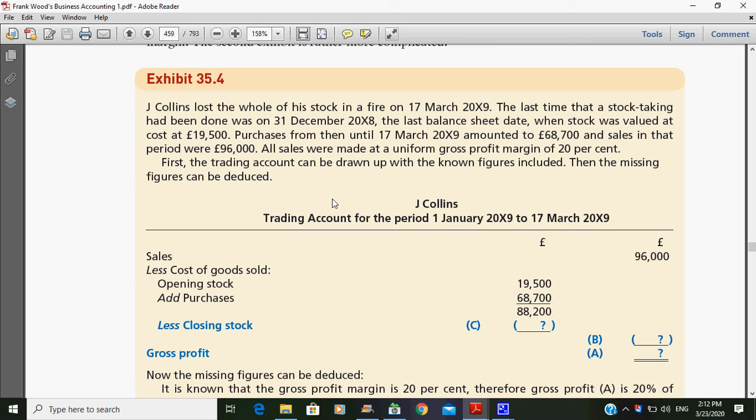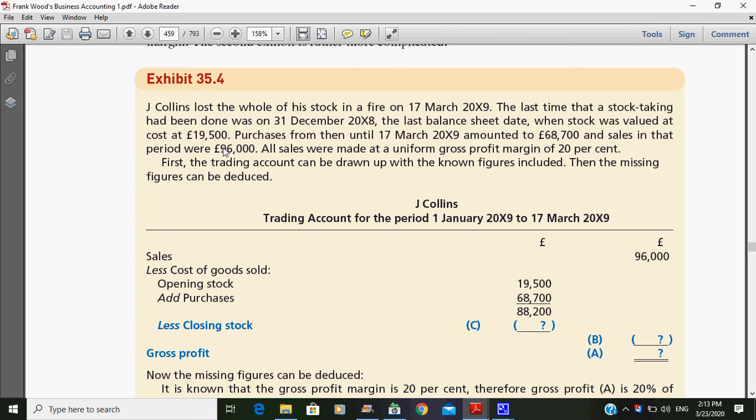Alright, J. Collins lost the whole of his stock in a fire on March 17, 2009. The last time that a stock taking had been done was on December 31, 2008, the last balance sheet date, when the stock was valued at cost at 19,500.